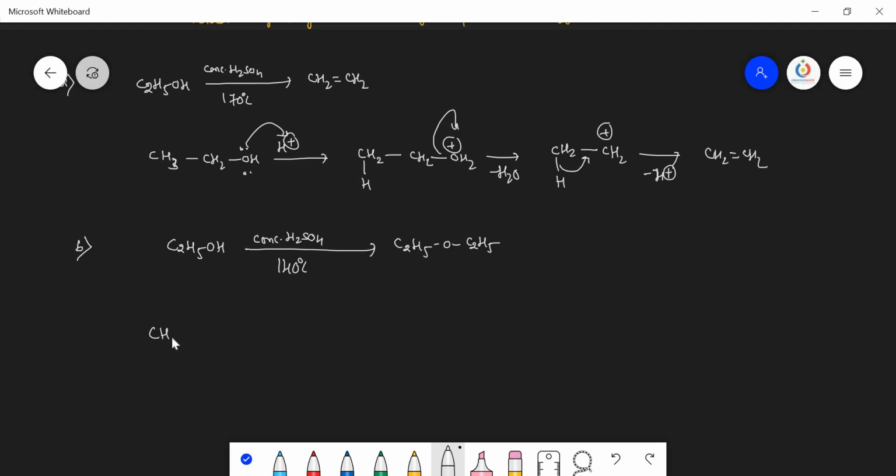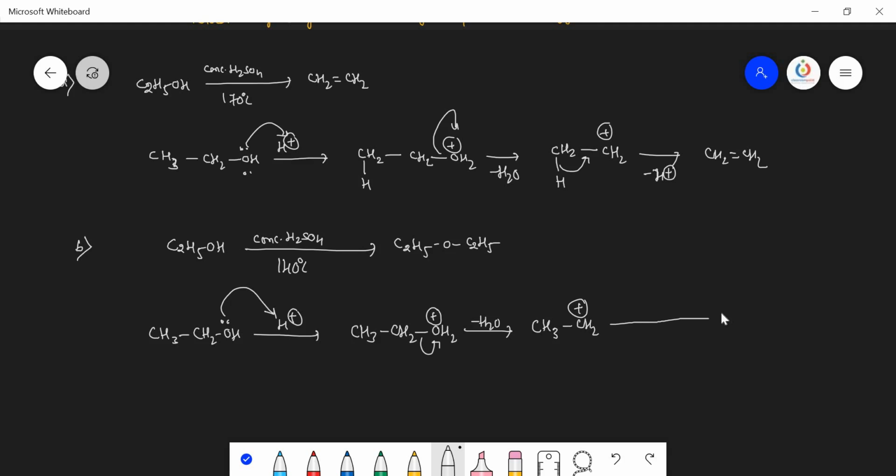Initially take ethyl alcohol, CH3CH2OH, H plus. The initial step is the same, protonation of the alcohol. So it gives CH3CH2OH2 plus, which loses H2O, so that a CH3CH2 plus cation has been created.